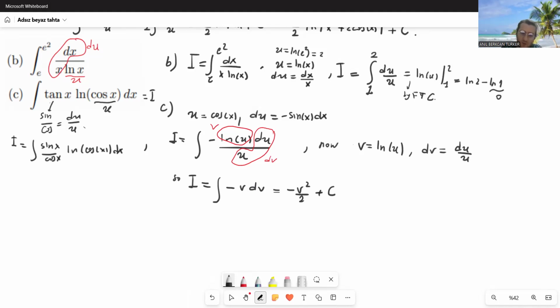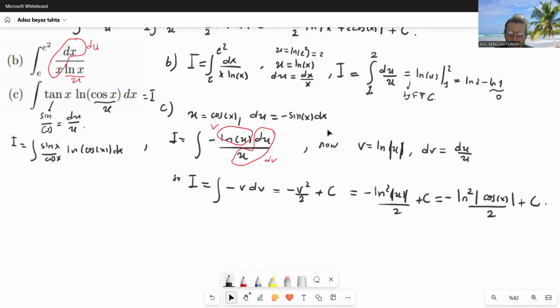Now it is not finished because it is in terms of v, so whatever v or u we will put back. So it is just minus ln squared of absolute value of u over 2 plus c, which is minus ln squared of absolute value of cosine x over 2 plus a constant. So that's all.